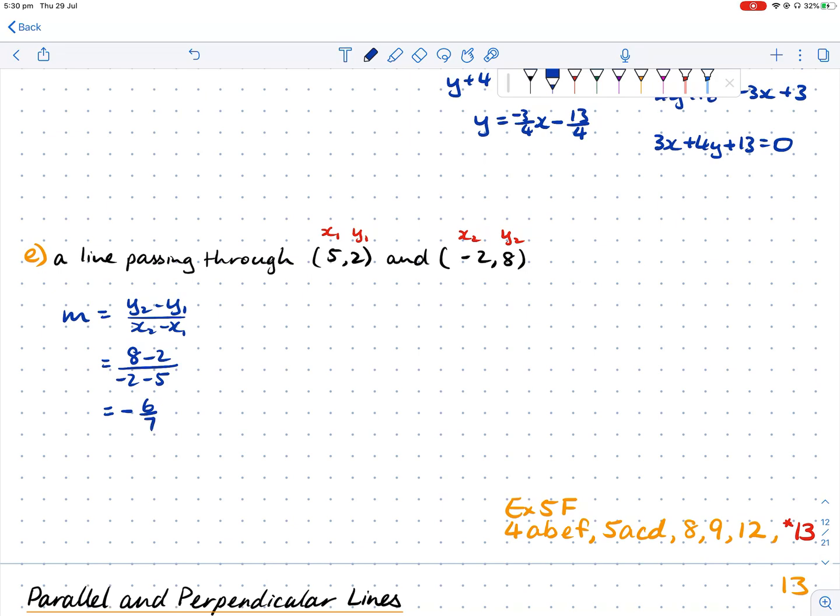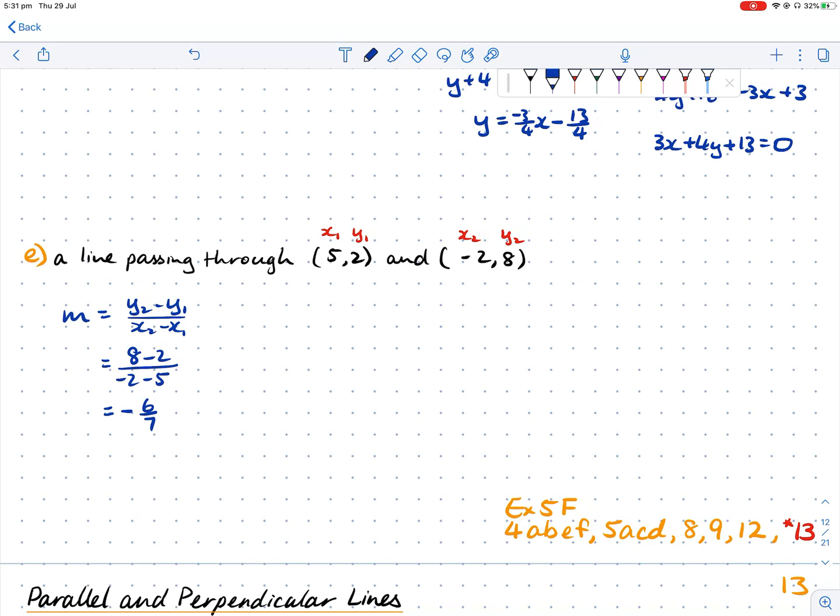Once we've got the gradient, then we want to put it into the point gradient formula with either of these points. So it doesn't matter which point you choose to use. In the long run, once you've worked out all your answers, you'll get exactly the same equation. I'm going to pick the 5, 2, only because in the formula I use x1 and y1.